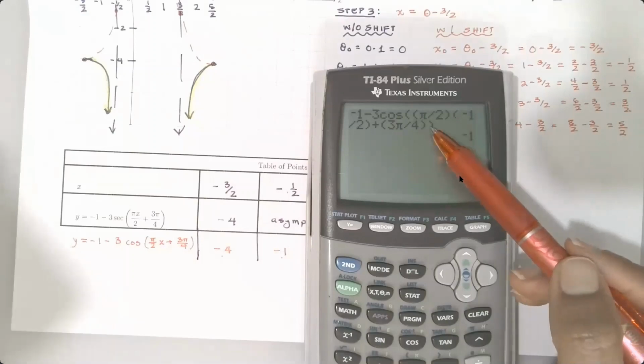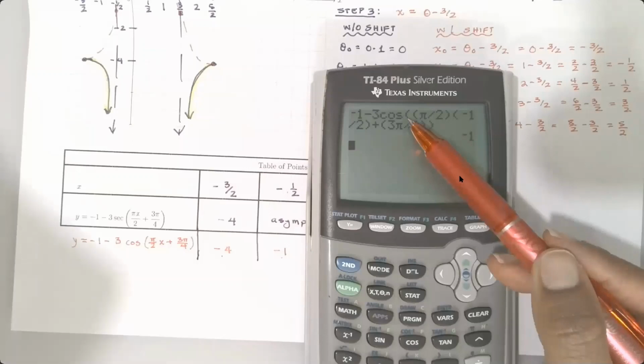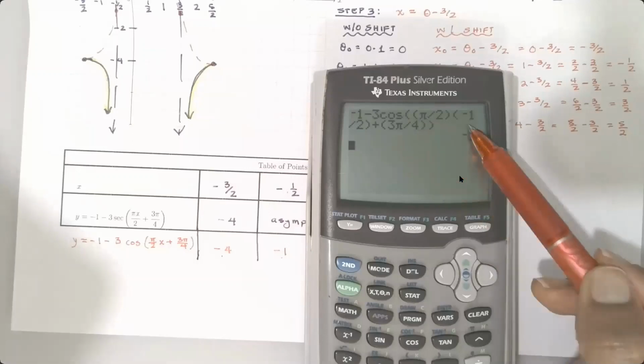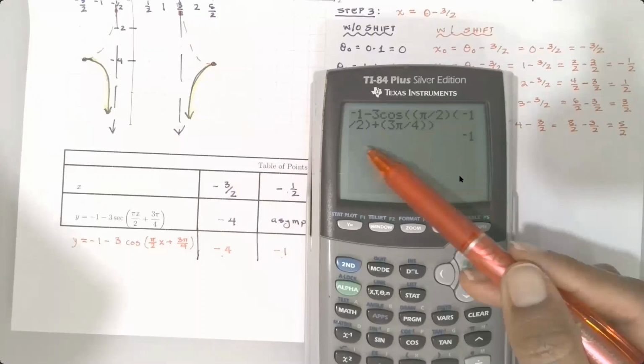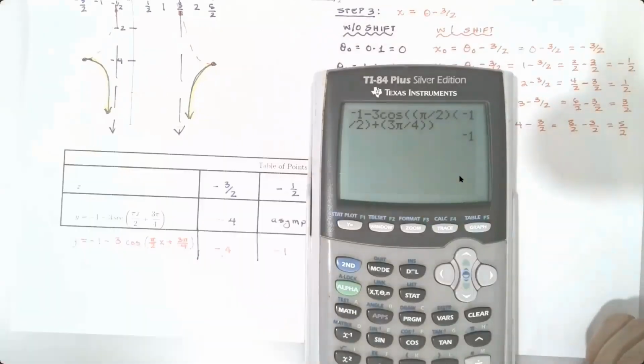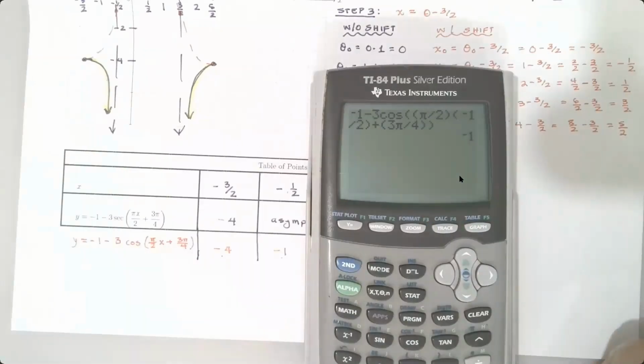Did you include this last parenthesis? So in the end, we're going to have 1, 2, 3, 4, 5, 6, 7, 8 parentheses. We have all 8 of them. Yeah, I just counted 8.